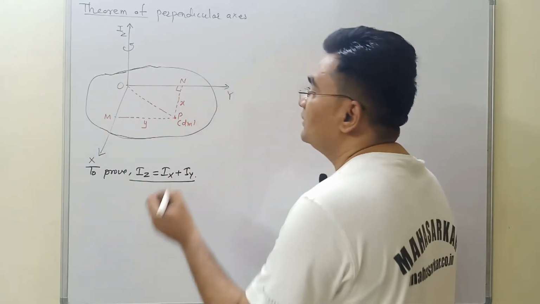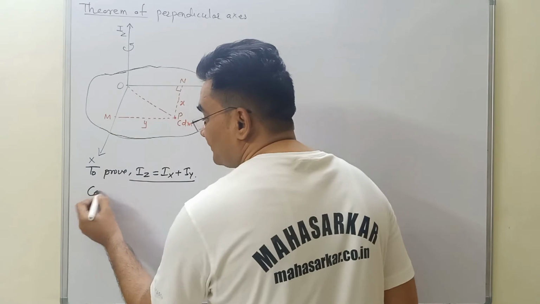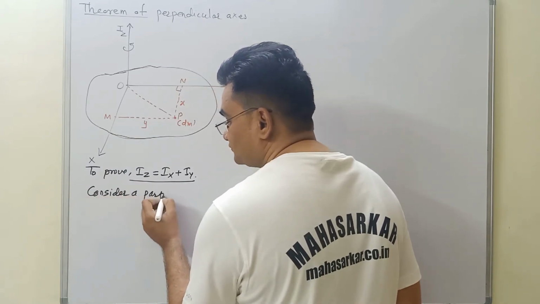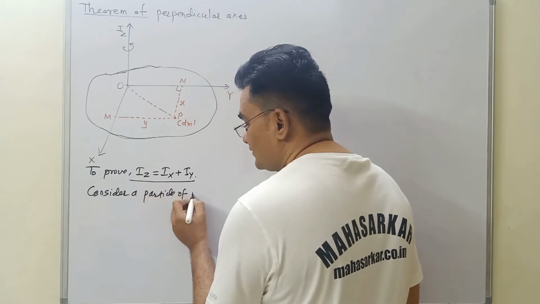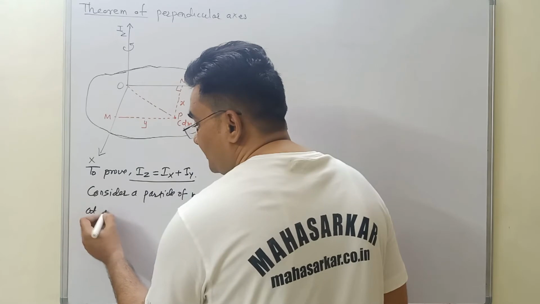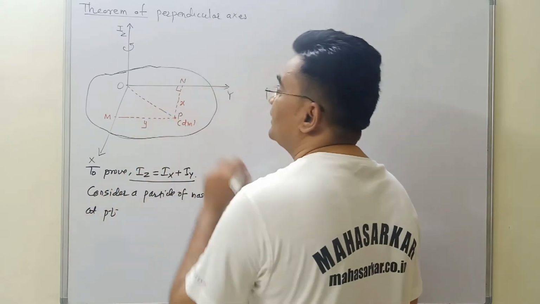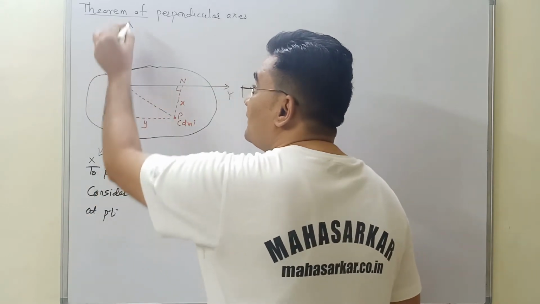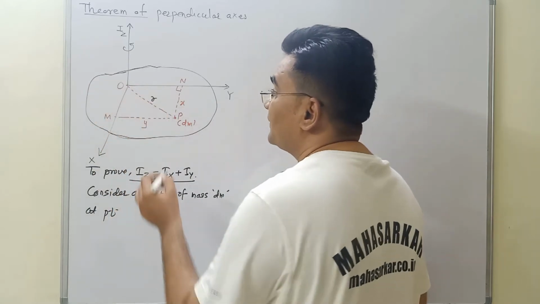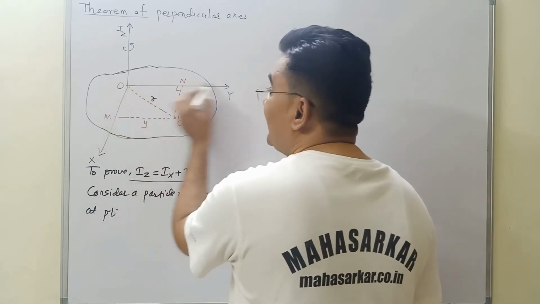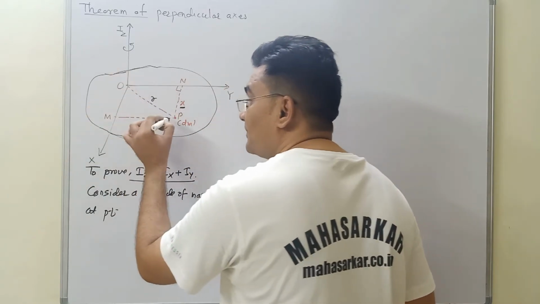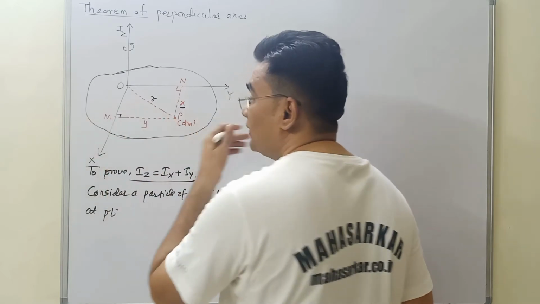To prove it, consider any point P, and consider a particle of mass dm at point P as shown in the figure. Say from the z-axis the perpendicular distance of that particle is r, from the y-axis the perpendicular distance is x, and from the x-axis the perpendicular distance is y.